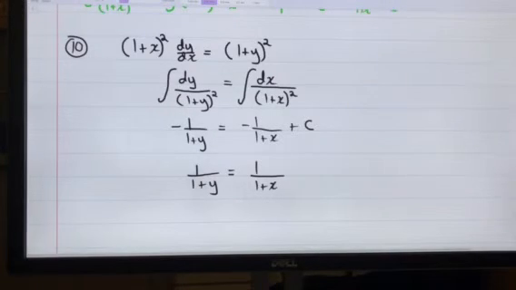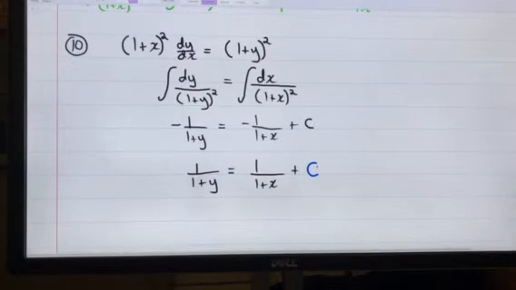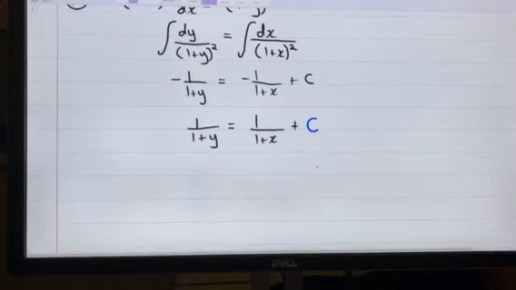And again, now change the sign value of the constant. So we still have it be a constant. Now, if I combine the terms together to the right, so I have 1 over 1 plus y.